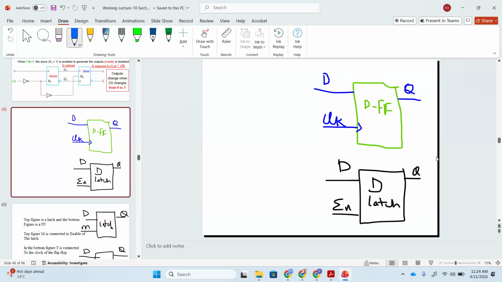Now let's assume I replace this clock, I change the names. Let's assume we have two symbols.